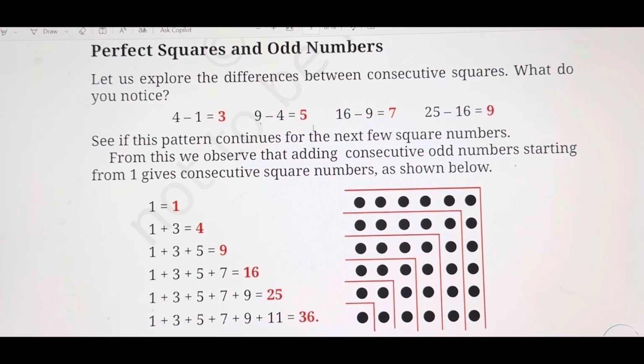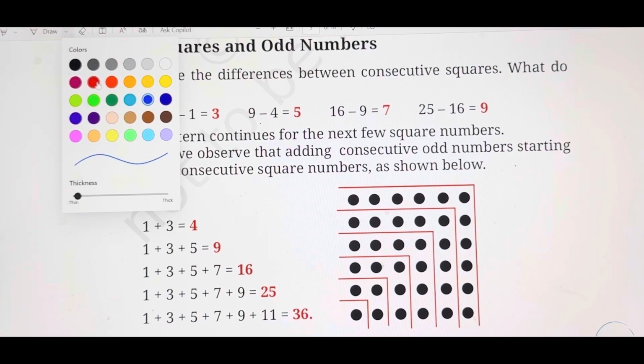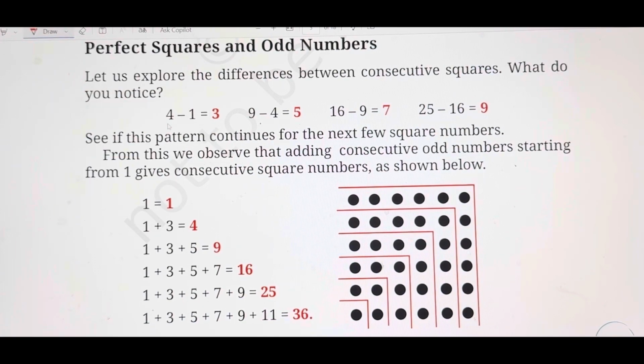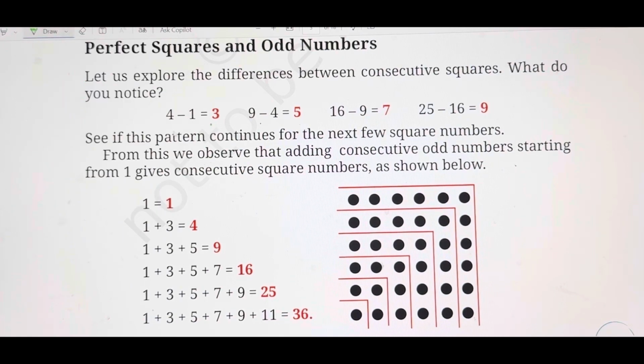So let us see the difference between consecutive square numbers. The first square number is 1 and the second square number is 4. If we see the difference, 4 minus 1 is 3.